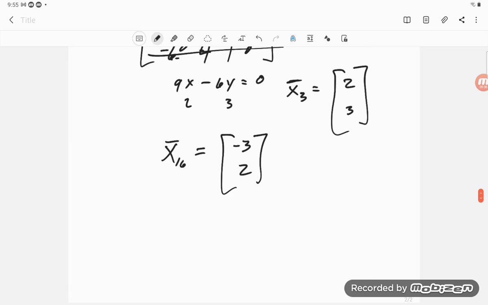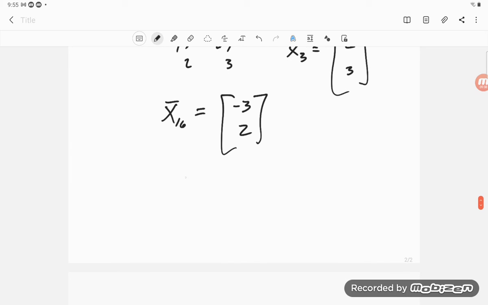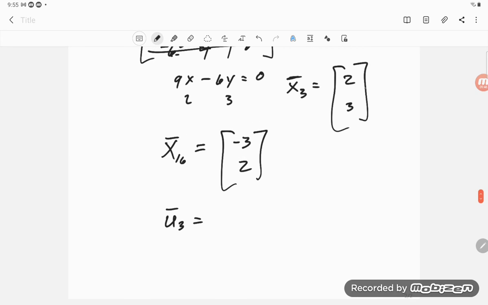And so my x3 as a unit vector, I'm going to call that u3. If I square these, 4 plus 9 is 13, so I need to divide by the square root of 13.